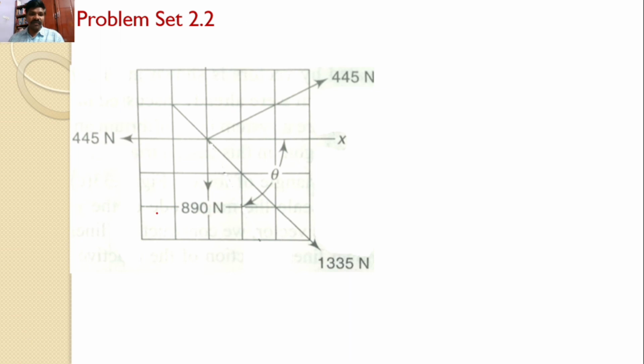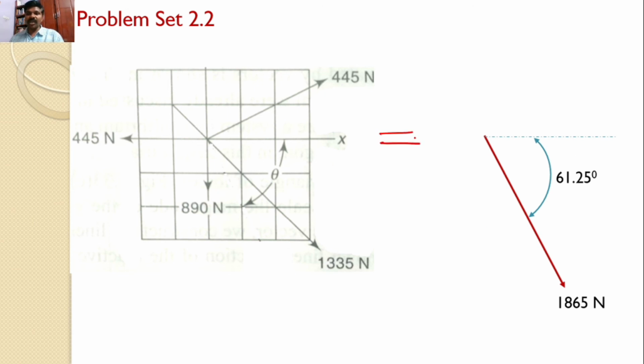Hence, the given problem I can convert into a single force with a magnitude of 1865 newtons that makes an angle of 61.25 degrees. These two systems are absolutely the same. All those four forces I just converted into a single force with an angle of 61.25 degrees.